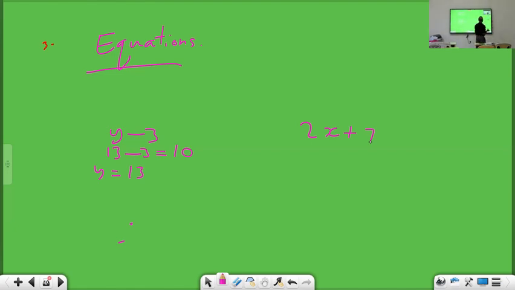Okay, fine. Suppose x is minus 3. So 2 into minus 3 plus 7. 2 times 3 is 6, minus 6 plus 7, that is 1 is the answer, 7 minus 6. You got the answer, but in algebra, you have to tell the value of the variable.